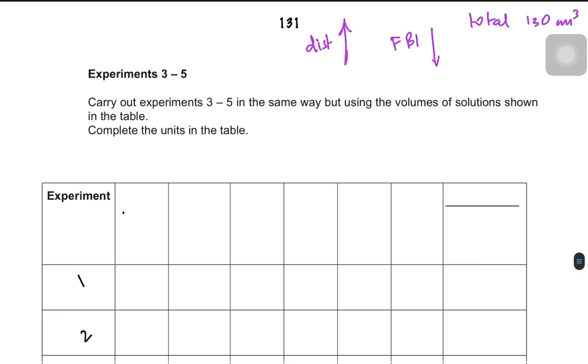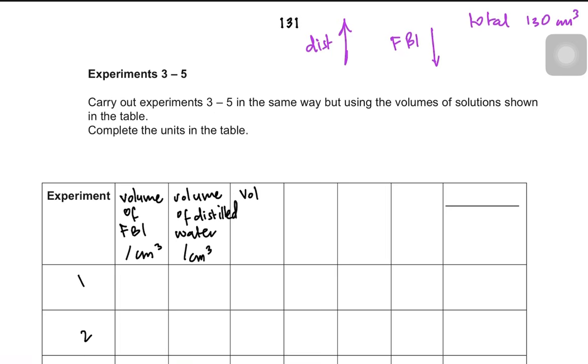Now let's understand how the table will be drawn. We have 5 different experiments. Your experiments 3 to 5 are in the same way, right? So what different chemicals am I using? I'm first placing the volume of FB1. I will place a slash and then cm³. The second column is going to be volume of distilled water, and again, I'm going to place a slash and the units, which are cm³.